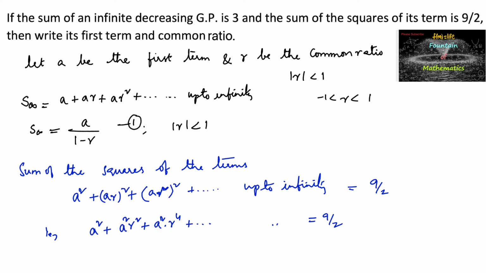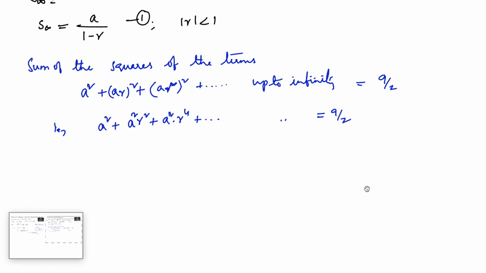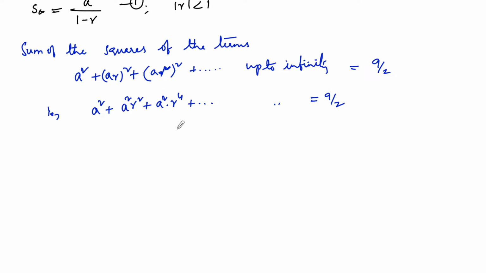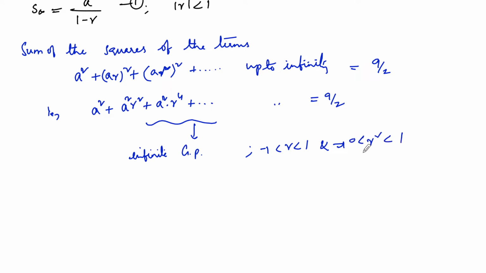We can say that the left side series is also a GP, an infinite GP. Since mod R is less than 1, that is R lies between -1 and +1, R square must lie between 0 and 1. So the sum to infinity applies, and the first term is A square.